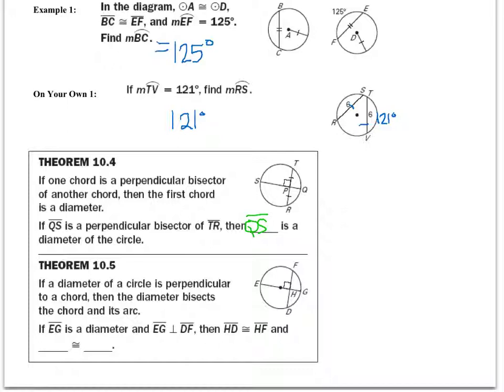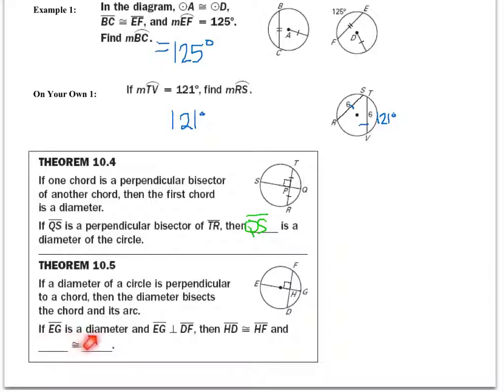Theorem 10.5 says if a diameter of a circle is perpendicular to a chord, so we've got a diameter and it's perpendicular, then the diameter bisects the chord and its arc. So this cuts this chord in half, these two pieces are congruent, and it cuts this arc in half as well. These two sides of the arc are congruent as well.